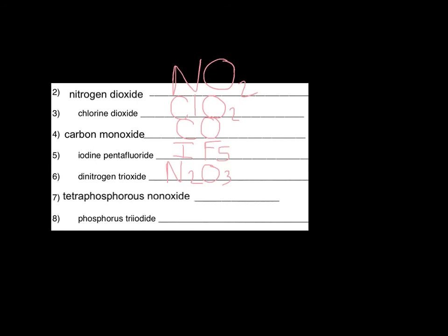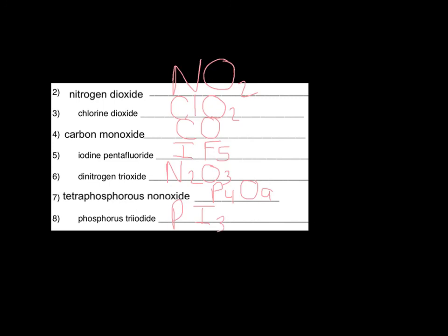Okay, tetra means 4, so that means I have 4 phosphorus. And then I have 9 oxygen. That's what non means. Okay, so that means I have O9. Phosphorus triiodide. Okay, phosphorus is just P, iodine, and there's tri, so that means I have 3 of them.